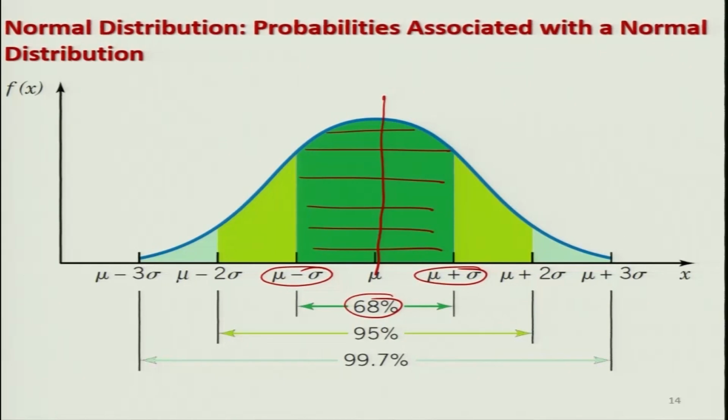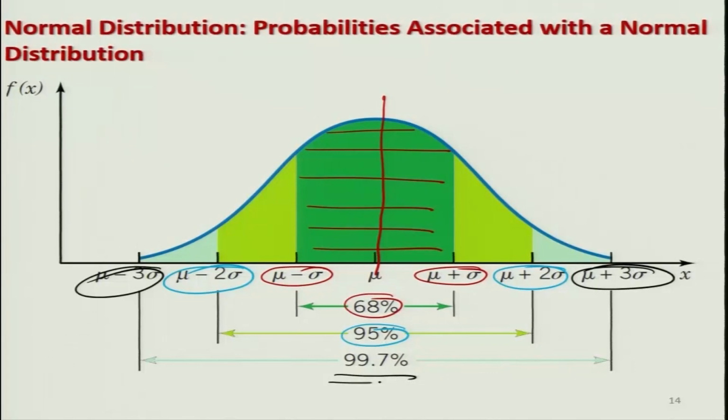If you extend these points further and consider mu minus 2 sigma to mu plus 2 sigma, this area is 95%. And if you take the further limits, mu minus 3 sigma to mu plus 3 sigma, this area is 99.7% of the total area.